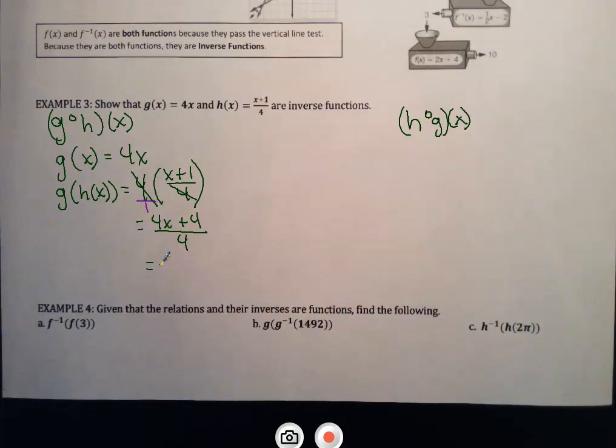Hold on, timeout. I have another typo in my paper. It should be that g of x equals 4x minus 1. I was trying to think of where we would get the plus 1. We had a mistake there.